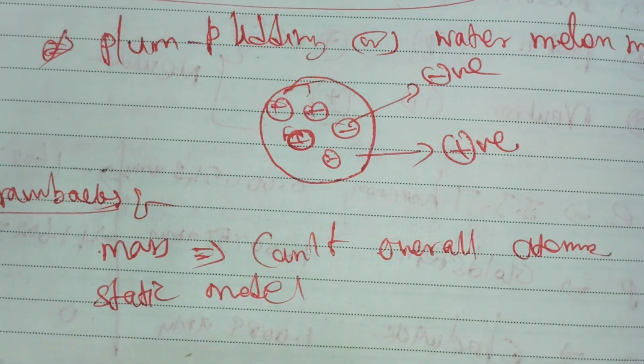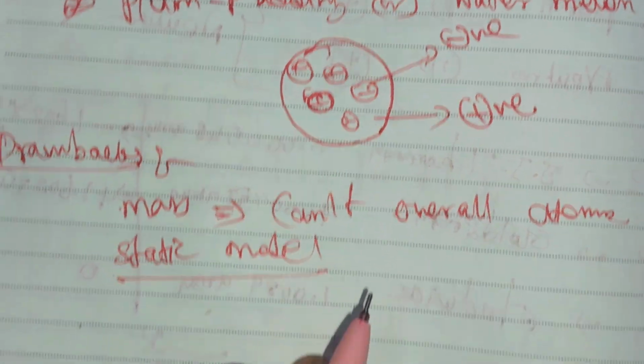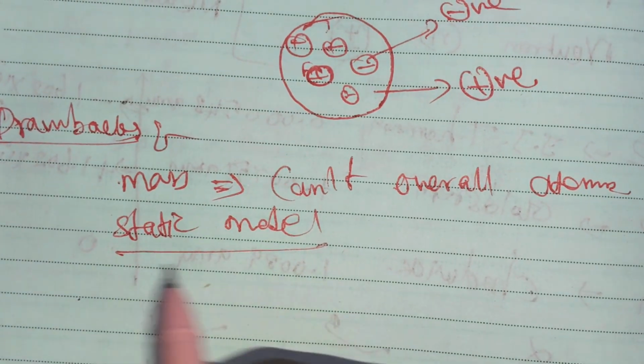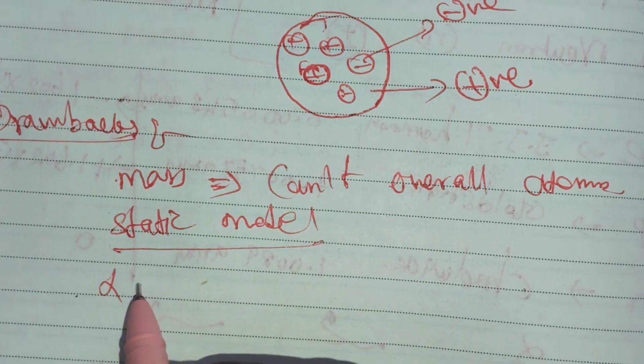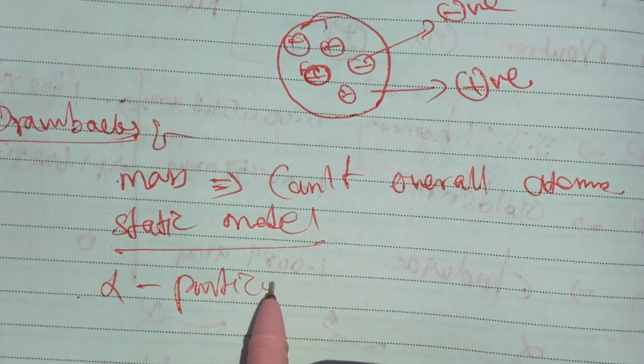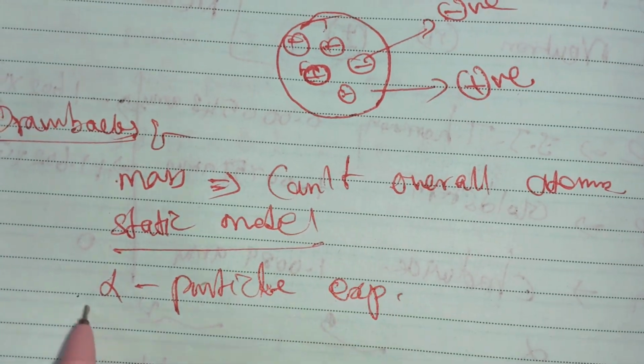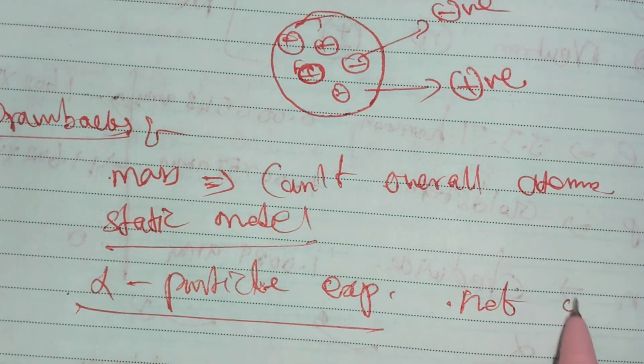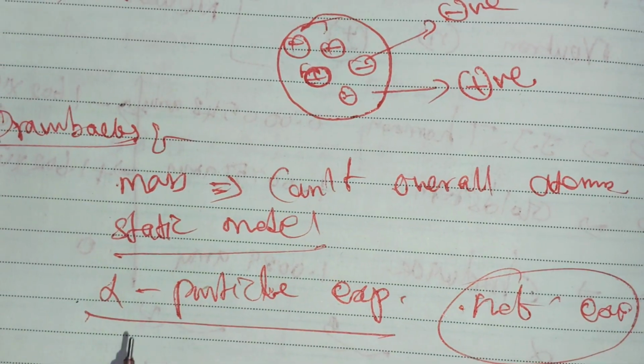It does not reflect the movement of electrons, so that's why it is a static model, and it could not explain the alpha particle experiment.